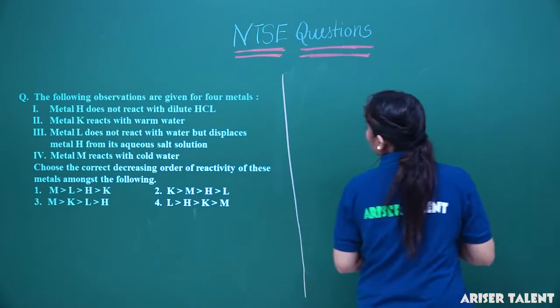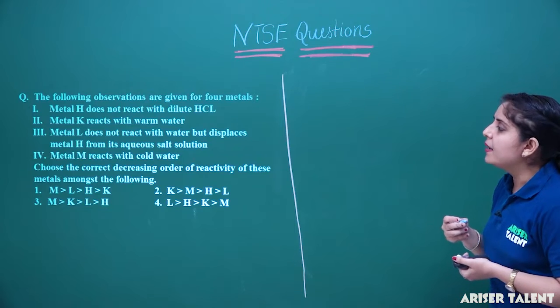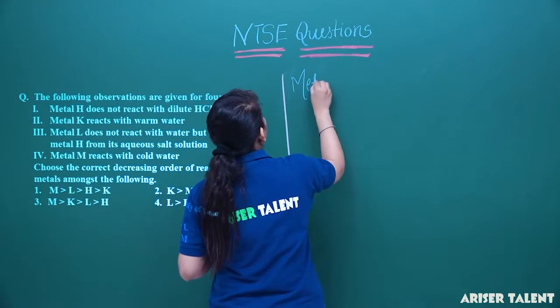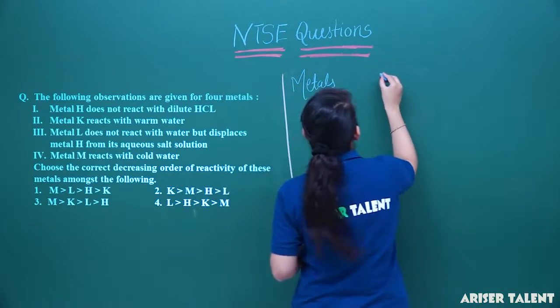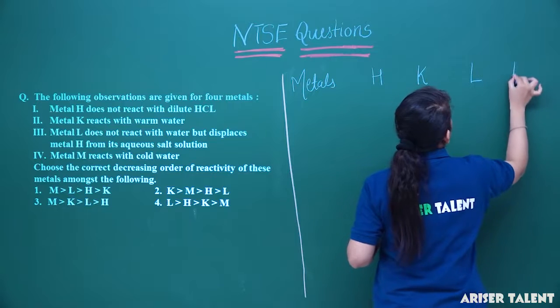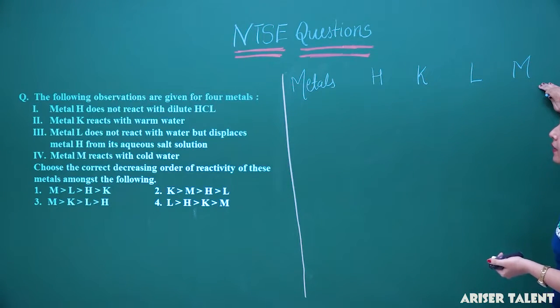Now which are these 4 metals? Metal H, metal K, metal L and metal M. These are the 4 metals we are provided.